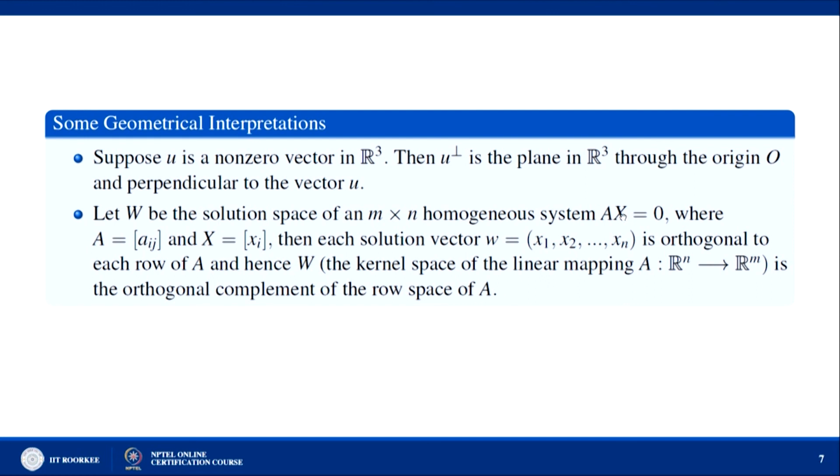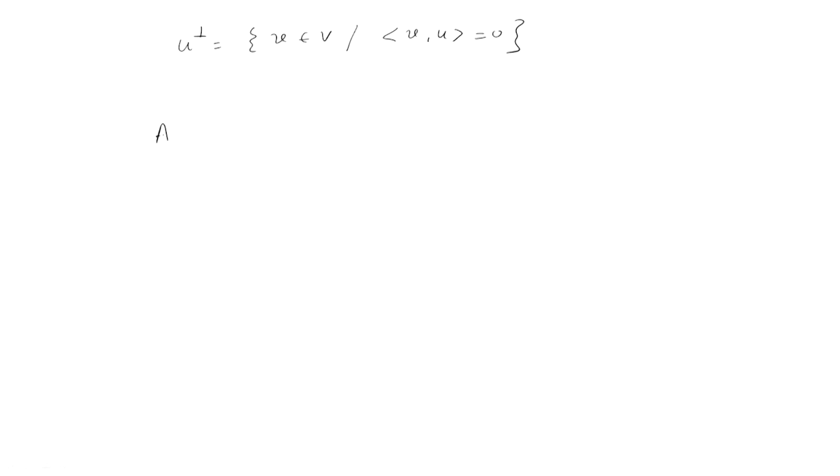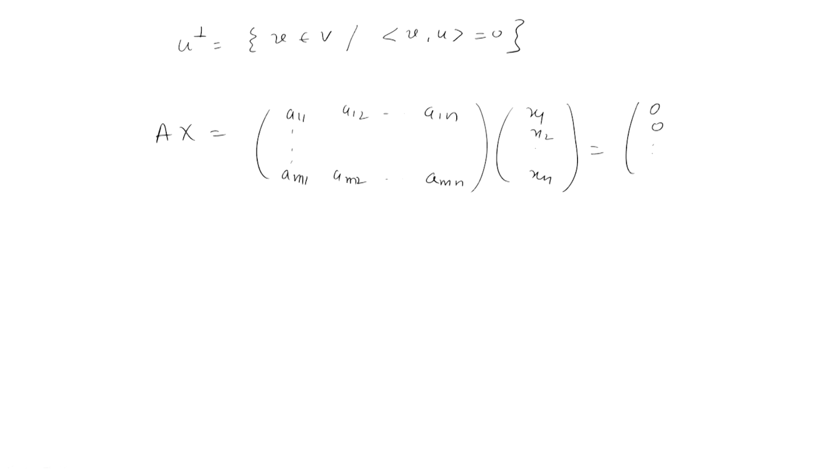Here we have a matrix of order m cross n, and X is a column vector of order n cross 1. We have A into X, where A is the matrix with entries A11, A12 and so on up to A1n, similarly up to Am1, Am2, Amn, and X is x1, x2 up to xn, equal to 0, 0, 0.